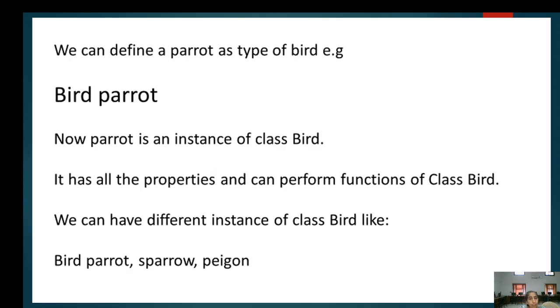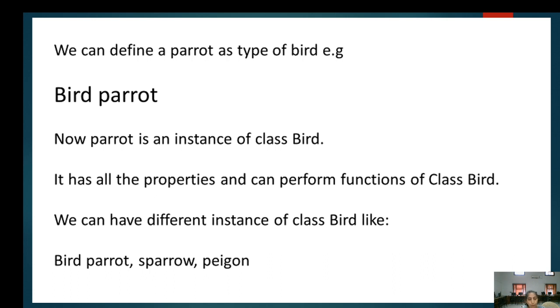Now we can define a parrot as a type of bird. For example, bird, parrot. Now parrot is an object. It is an instance of class bird. When we define parrot as a bird type, we automatically define that parrot has wings and it can fly.